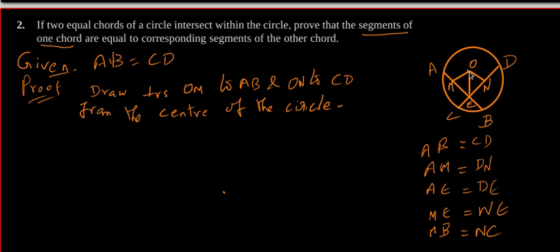So a perpendicular drawn from the center of the circle bisects the chord. That we know very well. So perpendiculars drawn from the center of the circle are bisectors of the chord. So what will happen? OM is perpendicular to AB, which implies that AM equals MB.